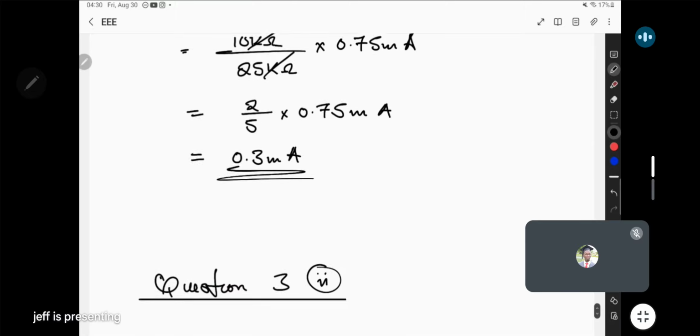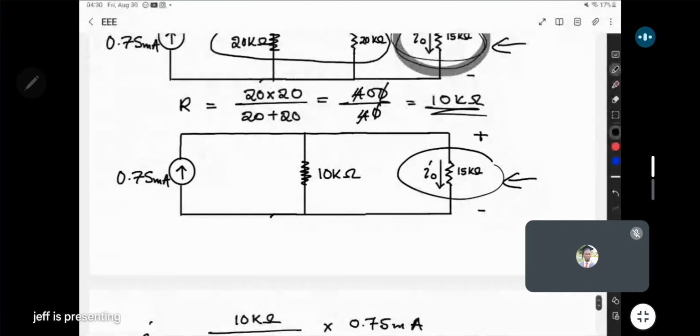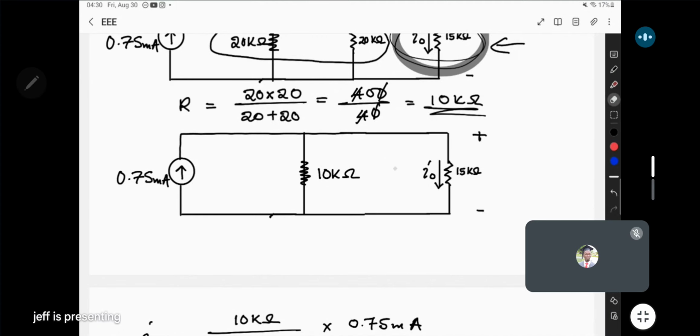Okay, so working backwards, where are we starting from? Starting from here. From here, we know what I0 is. So I'll even be copying this as we go.